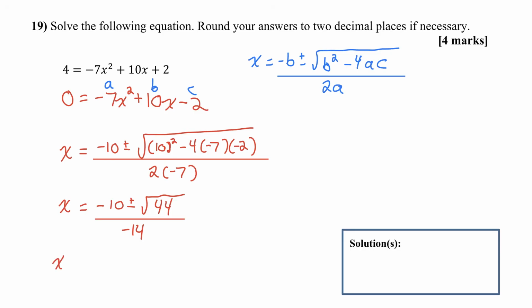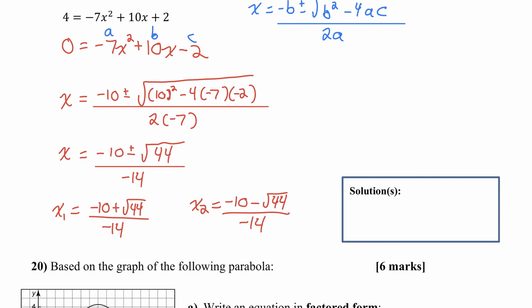My first answer, I can get the approximate value by doing -10 plus root 44 divided by -14. My second approximate answer, I can get by doing -10 minus the square root of 44 over -14, which gives me answers of 0.24 and 1.19 respectively.